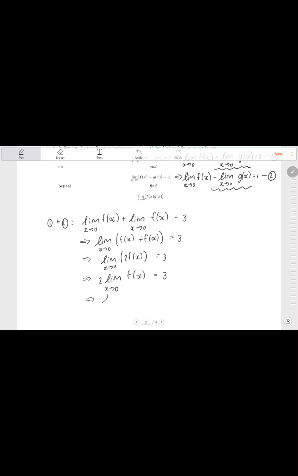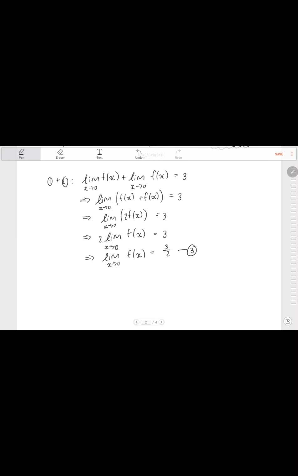And this means that the limit as x approaches 0 of f of x equals 3 over 2. I'm going to call that equation 3. The important thing to note is that you have to show all of the steps. So you have to show that you know what your limit laws are, and you have to use them correctly.